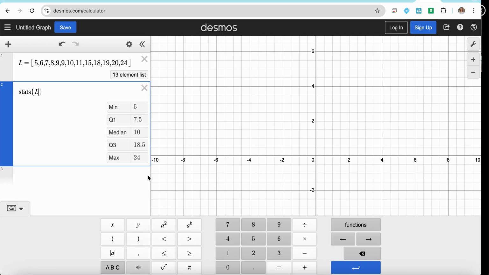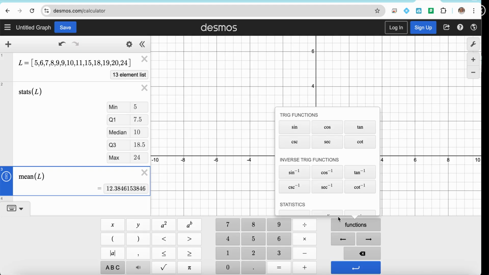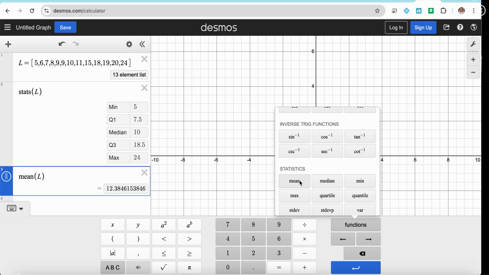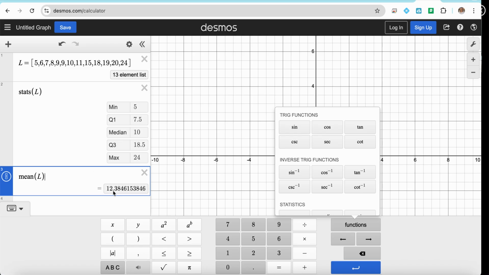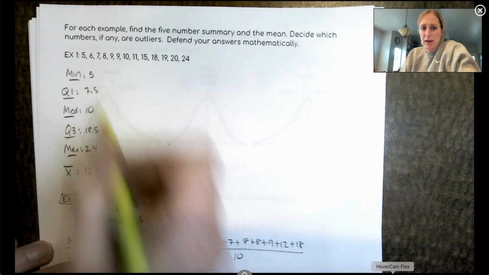The other thing we're asked to find is the mean. So I can actually just type in mean, I believe, and then hit L. Or I can go to Functions, Stats, and then choose mean right there. Either one, okay? So it's about 12.38 for X bar. Okay, so I just wrote all those down on my page here.